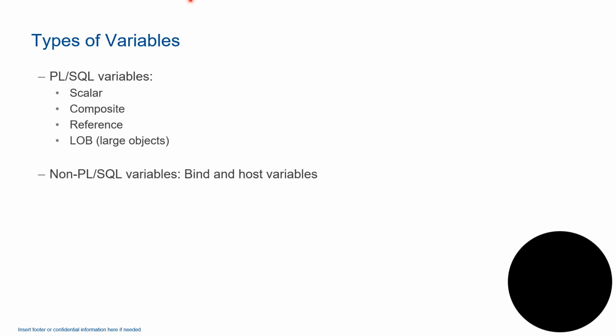Composite means data items that have internal components and can be accessed individually, for example collections and records. Now for reference, these are pointers to other data items. LOBs are basically large objects, pointers to large objects that are stored separately from other data items, such as text, graphic images, video clips, and sound waveforms.